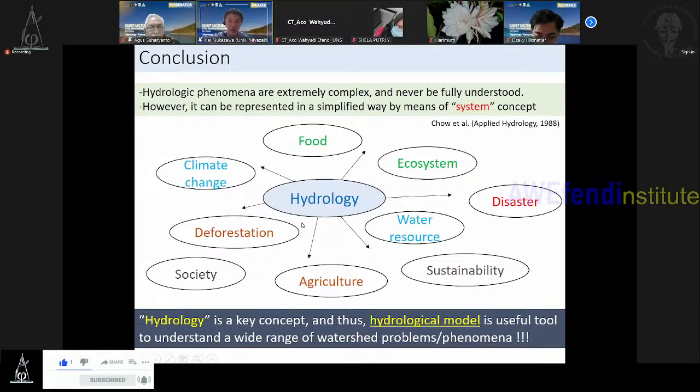So probably you understand hydrology is related to many things like ecosystem, climate change, deforestation, and water resources. So a hydrological model that simply represents hydrology is useful to understand a wide range of watershed problems and phenomena.